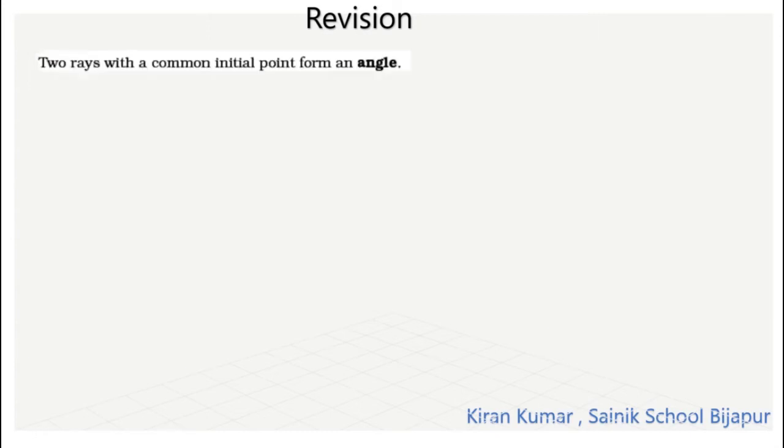The next important point which we have learned is related to the angle, how an angle is formed. Whenever there are two rays and if they have started from the same initial point, say ray OA and ray OB, they have started with an initial point.